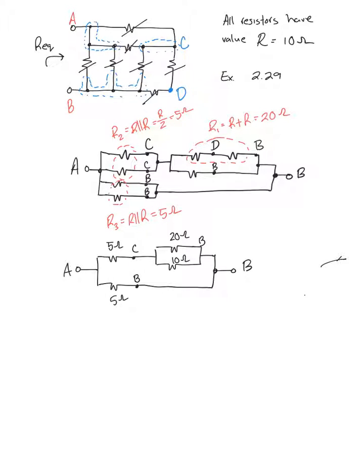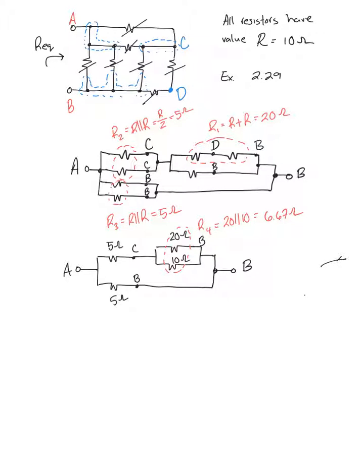Okay, from here we can see a couple other combos that are convenient. The 20 ohm and the 10 ohm are in parallel, so let's call that R4, just 20 parallel 10. That is 6.67 ohms.